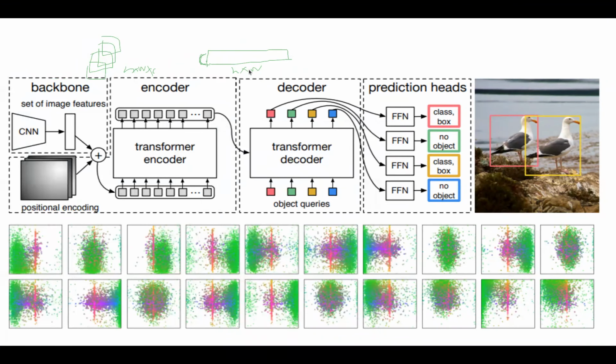This block of channel, height cross width is then passed into this transformer encoder, and you get the same number of outputs from the encoder again. This is then passed to the decoder the same way you did it with a normal transformer for cross-attention. So this is then passed to the transformer decoder, and the transformer decoder actually has these inputs being object queries, right?